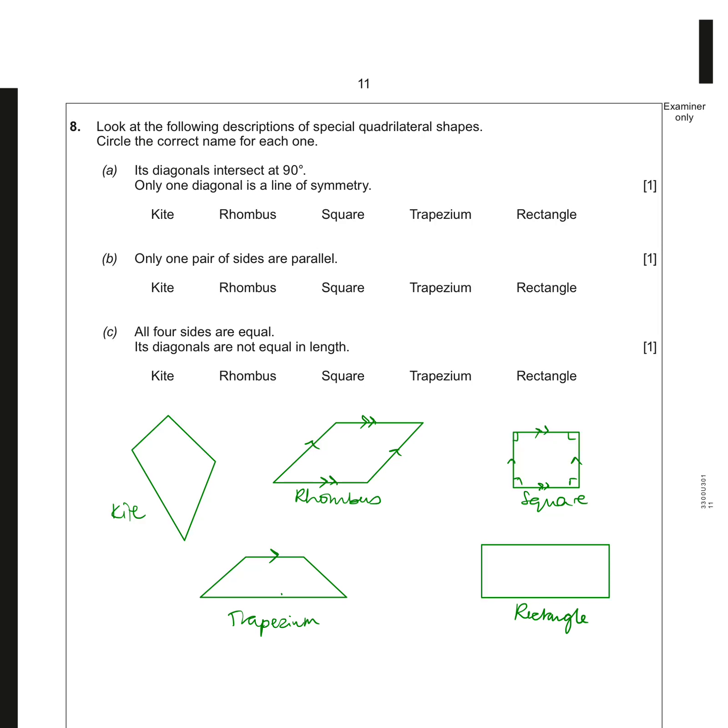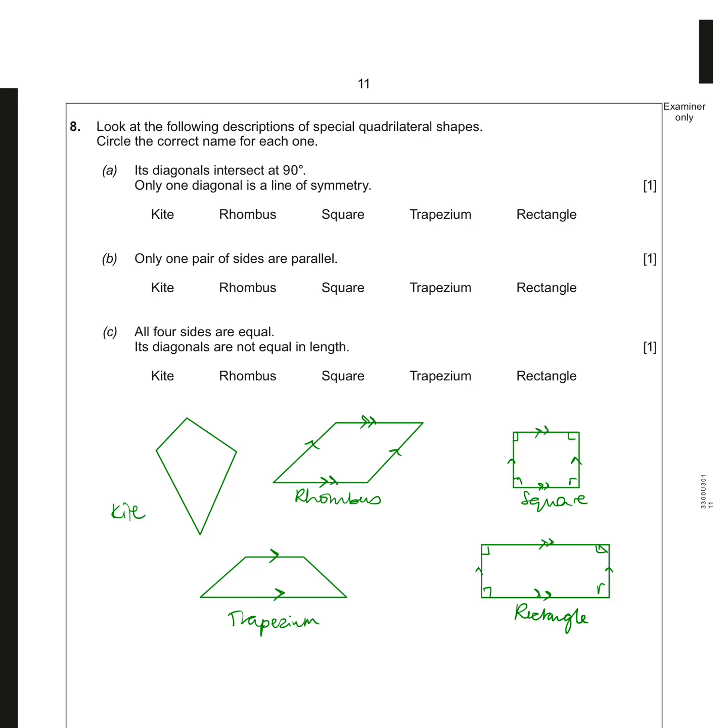A trapezium only has one pair of parallel sides. A kite doesn't have any parallel sides, but if drawn well, has symmetrical properties. And the rectangle, a bit like the square, we have right angles in our corners, parallel sides, but in pairs where the top and bottom would be the same length and the two sides would be the same length.